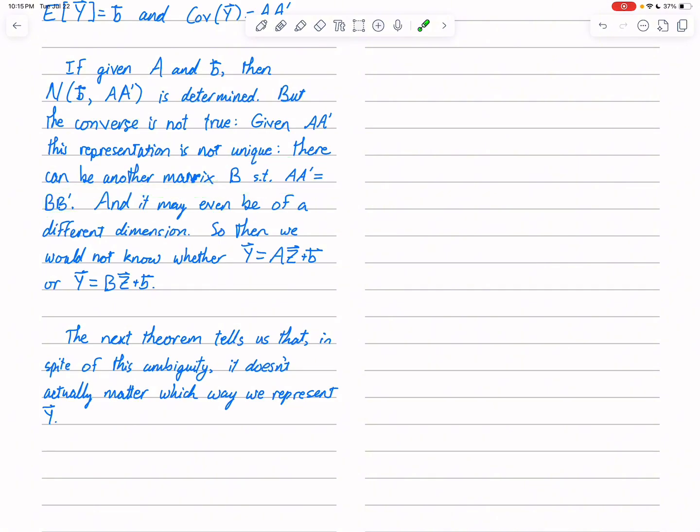So in some cases, you'll be able to find a matrix A so that the matrix V is A A transpose, but also you'll find another matrix B where the matrix V is also equal to B B transpose. So the worrying thing is that if I were to give you this, and you had to backtrack and figure out what that matrix A is, you couldn't do it. It's not possible because there's more than one correct answer.